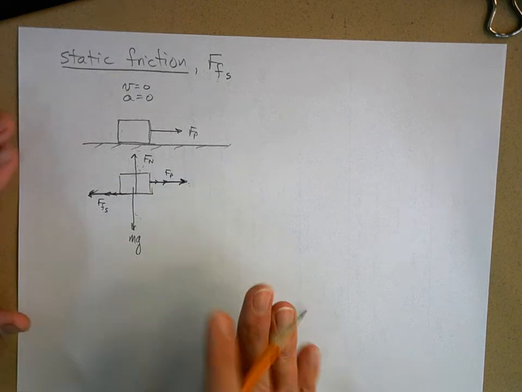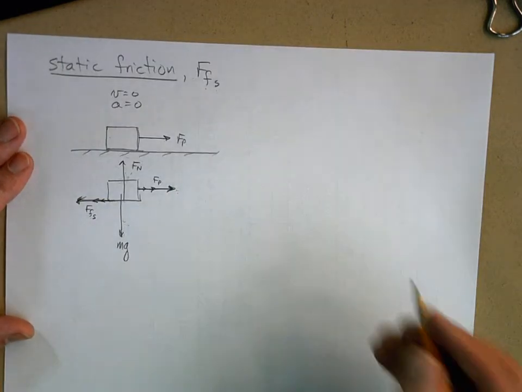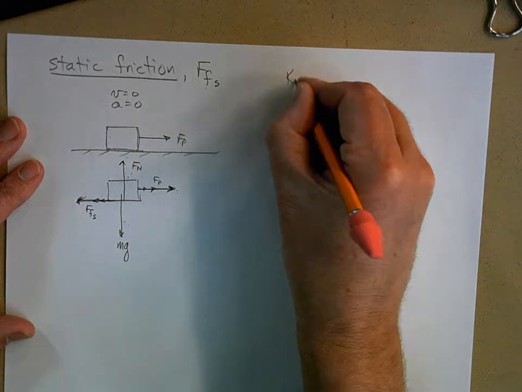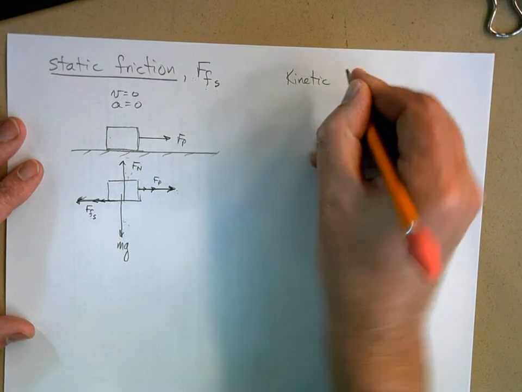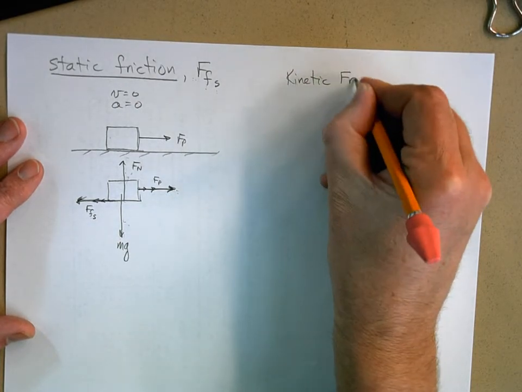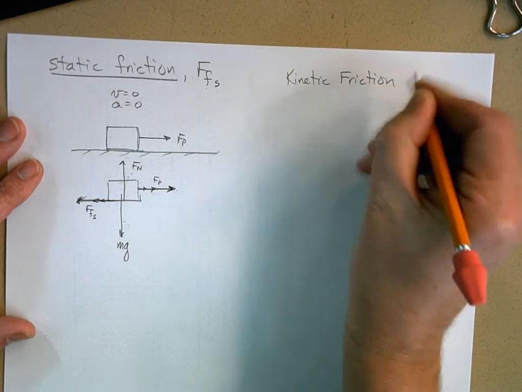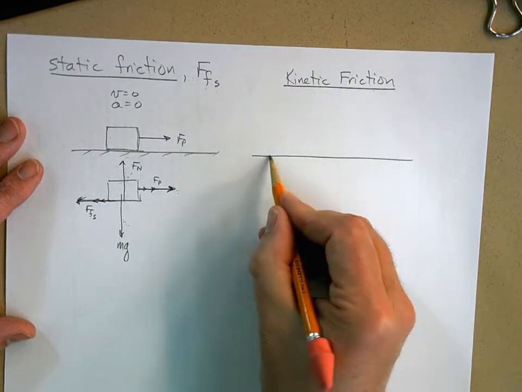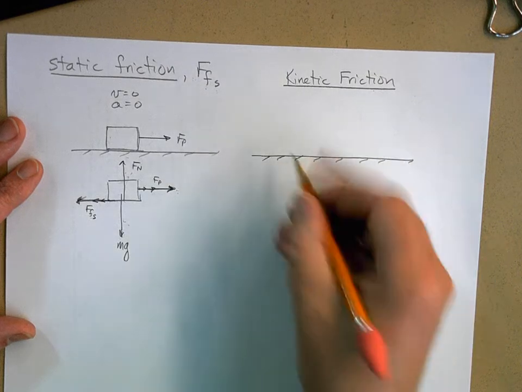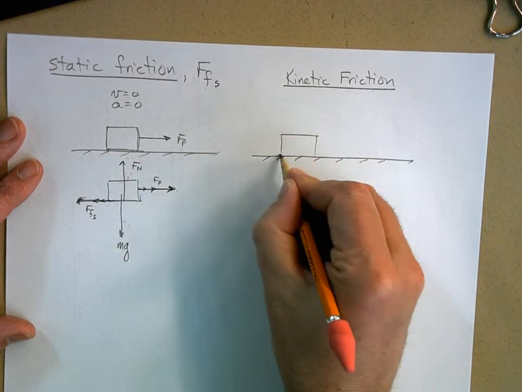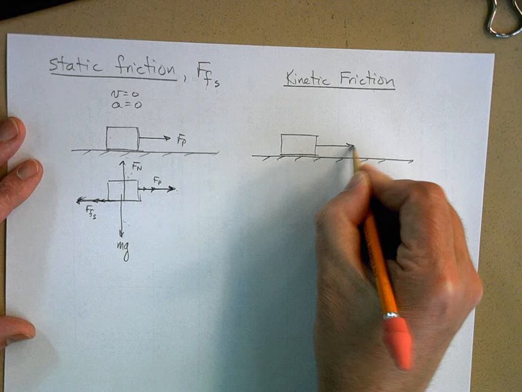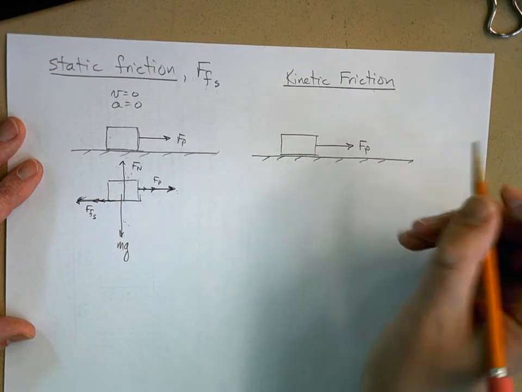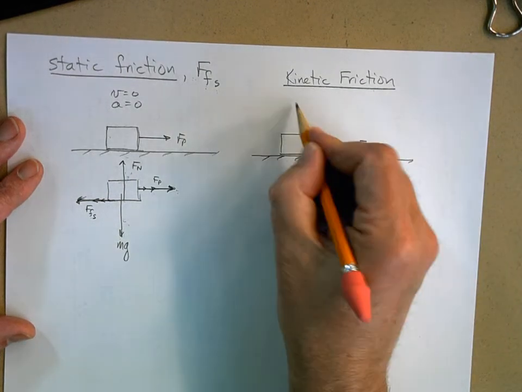Now let's talk about kinetic friction. Let's suppose you've got a surface and you're going to pull this thing across this surface, but now the acceleration is 0.